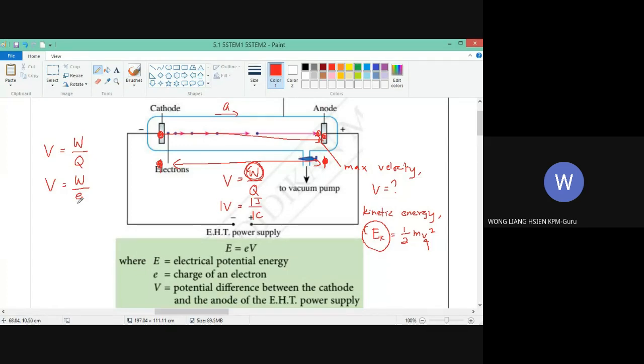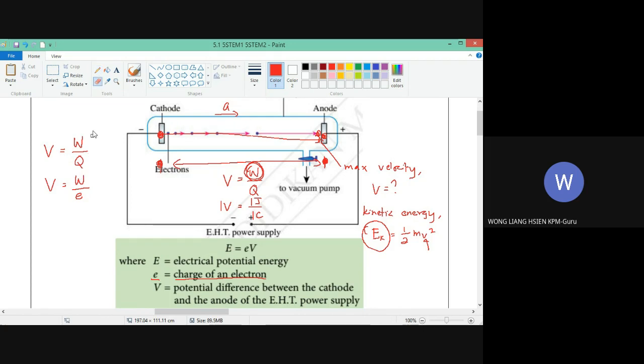So as you can see here, e is the charge of an electron, and this W is the work done to move that 1 electron. This work done will also equal the energy that the electron gains.